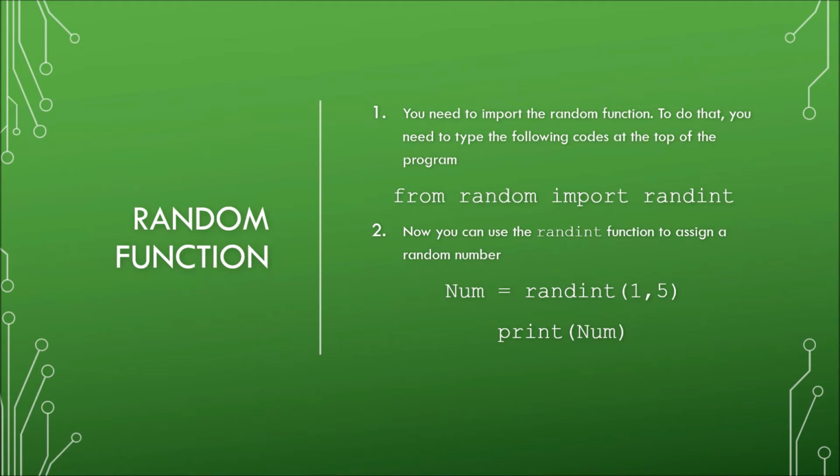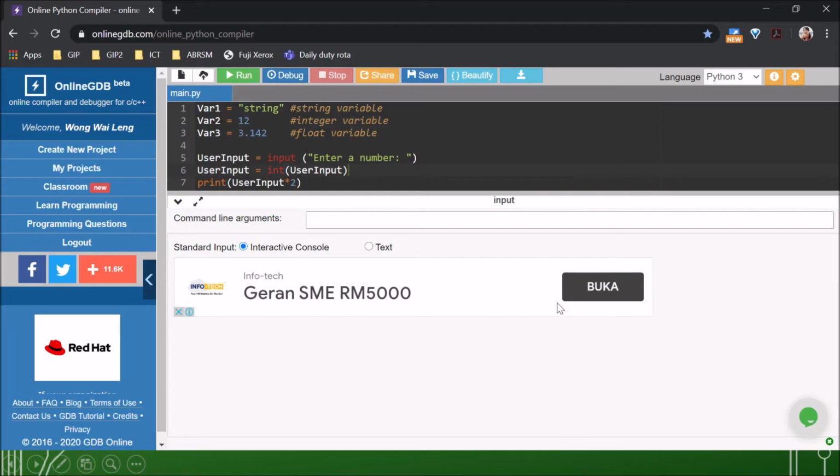The function that we're going to use is called randint. The randint means random integer. So from random, import randint, and you use your variable num, which would store the random number generated between 1 and 5. So let's give this a try.